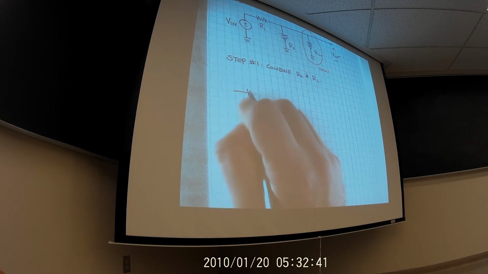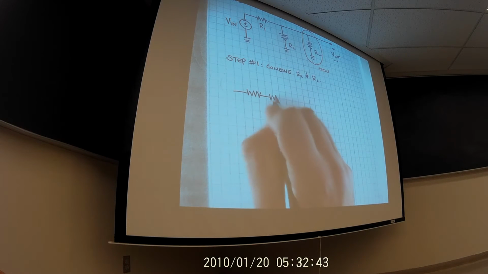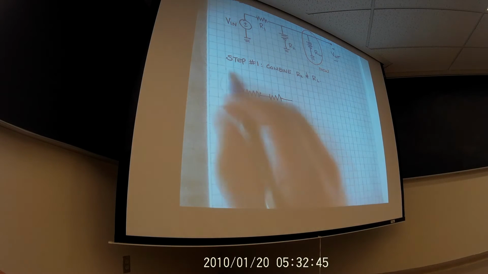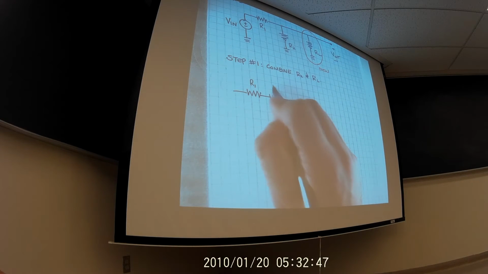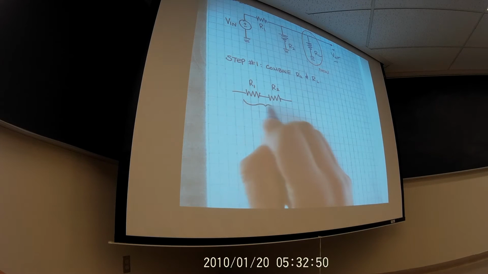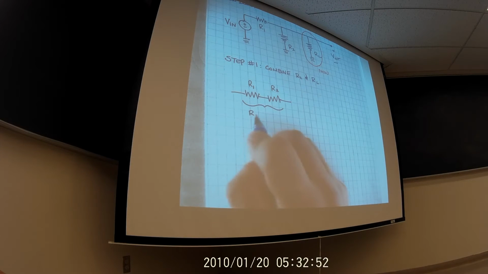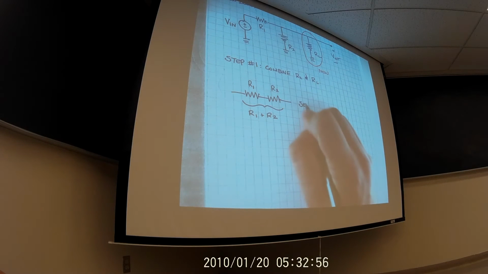We have a resistor 1 and a resistor 2, R1 and R2. The combination of the two is R1 plus R2. Okay, that's a series combination.